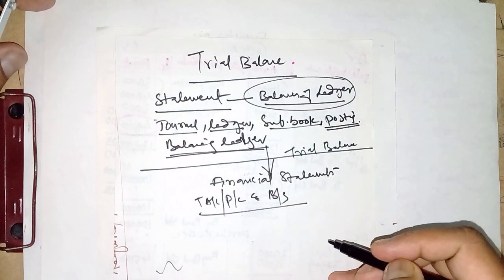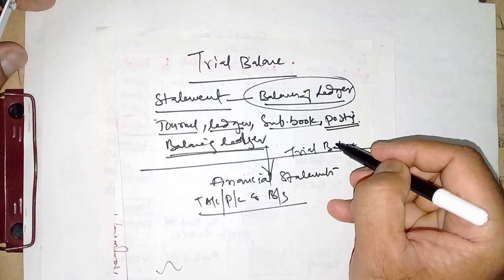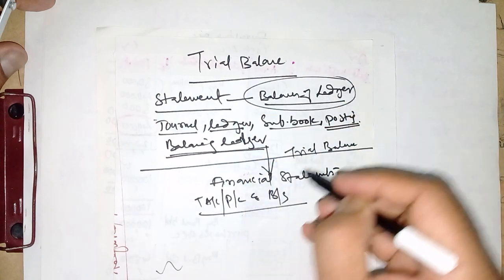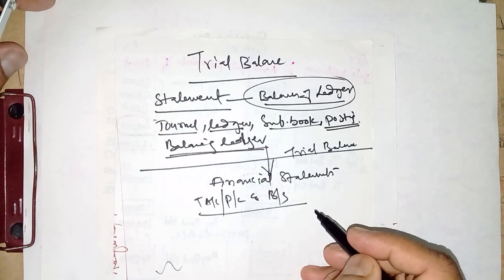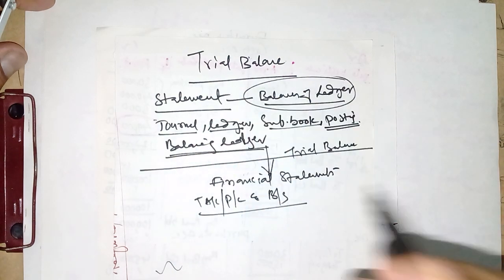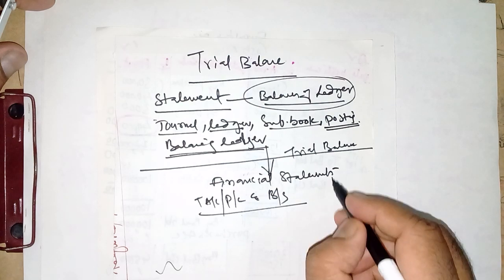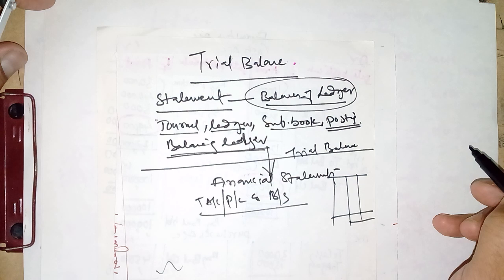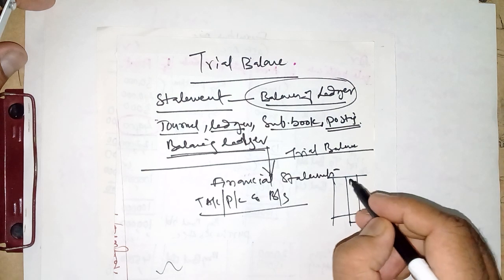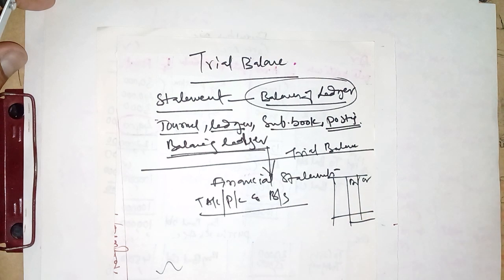What will this trial balance do? Trial balance is a statement prepared with the help of ledger balances. And the concept of accounting says that when we have followed the double entry concept, our trial balance should tally. That is, debit and credit should tally.